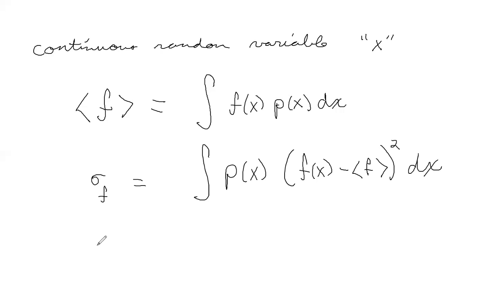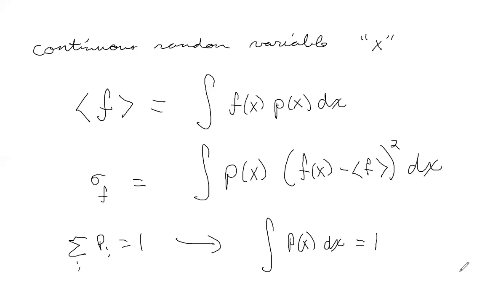One comment, I should have said that before: before, the sum of all probabilities had to be 1. Now that naturally extends to the integral of all probabilities, which are now continuous functions of X, dx, which must be 1. So you're just replacing sums with integrals in a more or less obvious fashion.